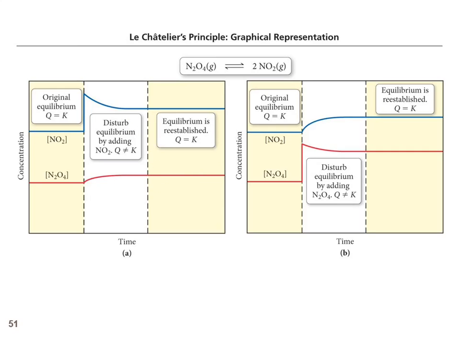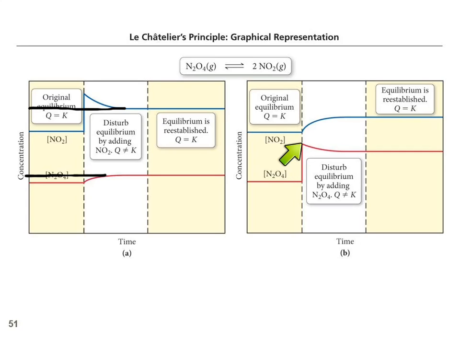What I like about this graph is that it illustrates the fact that the concentrations have changed afterwards, right? They've both gone up. But instead of this one going up a lot and this one staying the same, they've both gone up, and so their relationship between the concentrations is still equal to the equilibrium constant.